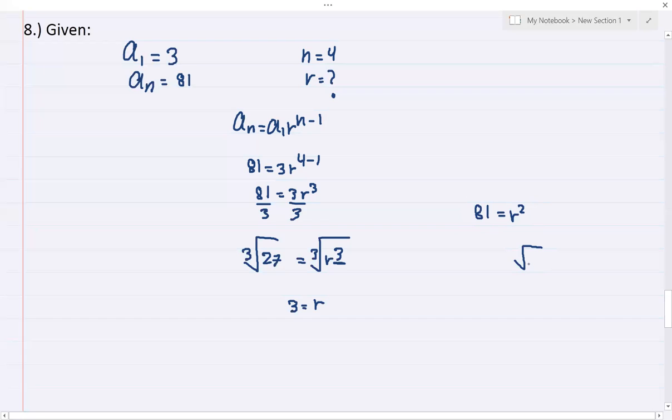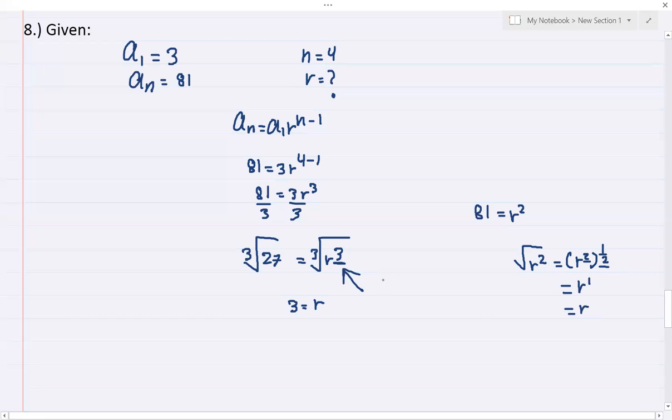Because the square root of r squared is equal to r squared raised to 1/2. And by the definition of the law of exponents, multiply 2 and 1/2, you will have r raised to 1. So you will have r. So the same thing here.